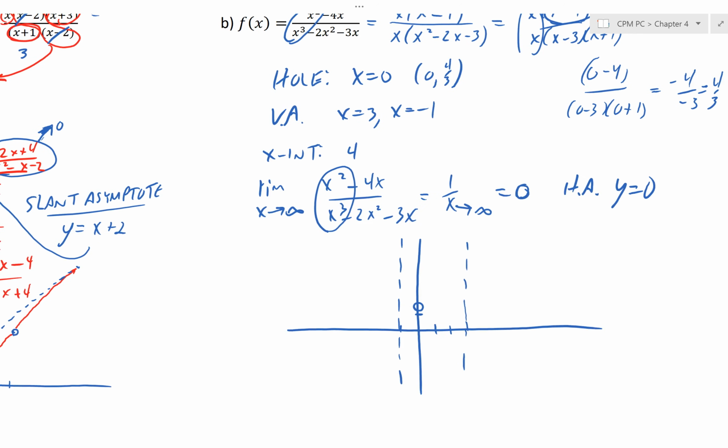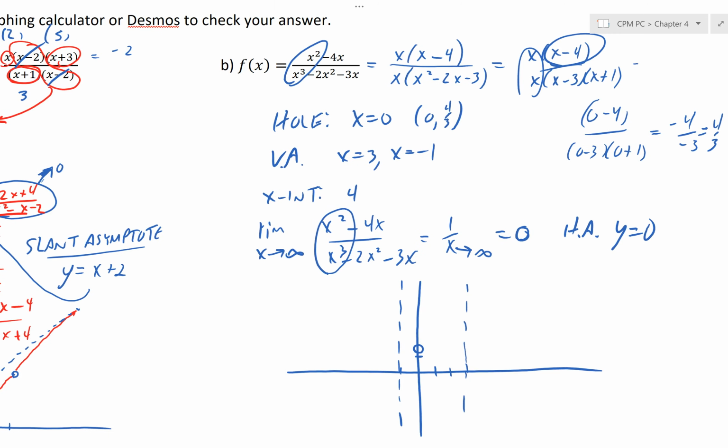And then we have an x-intercept at 4. And we don't really have enough other points in order to graph this. We would need to plot a few more points.